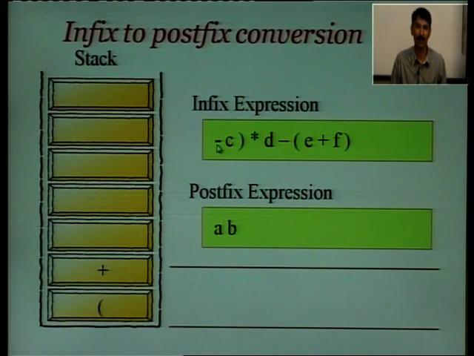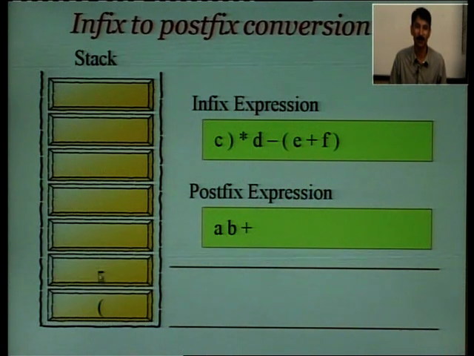Talking about minus now, this is an operator, so compare it with the topmost, and here we have got another operator. Now, you need to compare the priority of plus and minus, and you will find that the equal priority operator will be popped first, put on the output list, and then the new operator will take the top position on the stack.